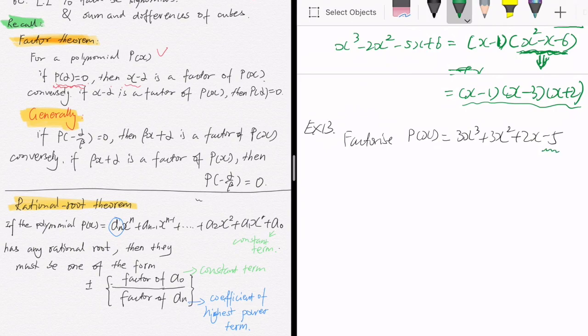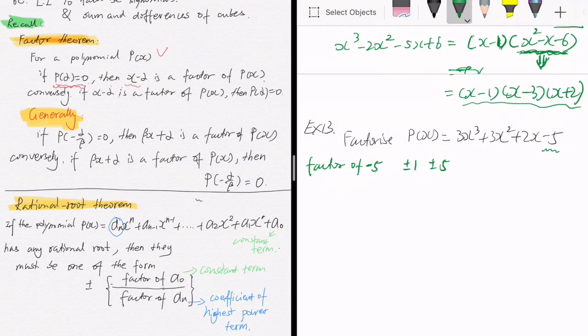So the constant term is 5 or negative 5, doesn't matter. So factors of 5. Let me put the negative 5 over here. Then you'll have plus or minus 1, plus or minus 5. All right, so these are the 4 different factors of negative 5, which is the constant term of your polynomial.